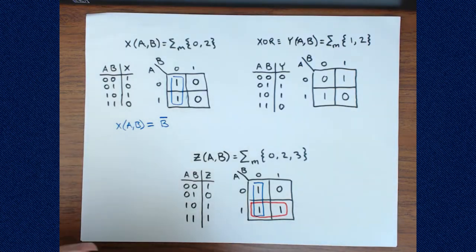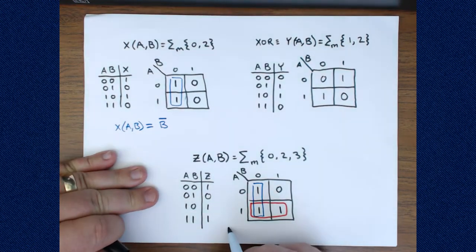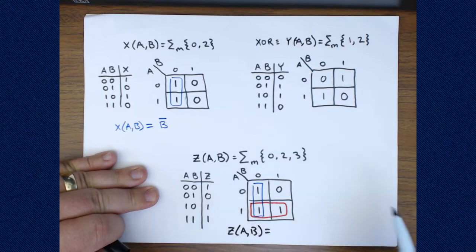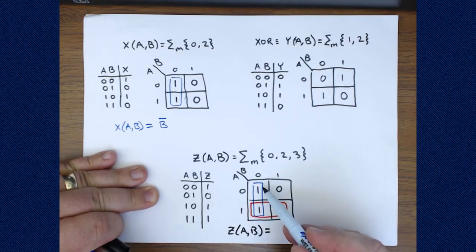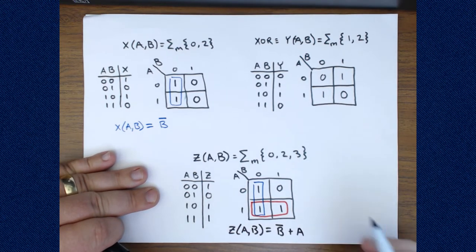That means we can say that Z, which is a function of A and B, is equal to, for the blue one, B is 0, and that's how we get in here. So B with an inversion bar. And for the red one, A has to be a 1. So the inverse of B, or A.